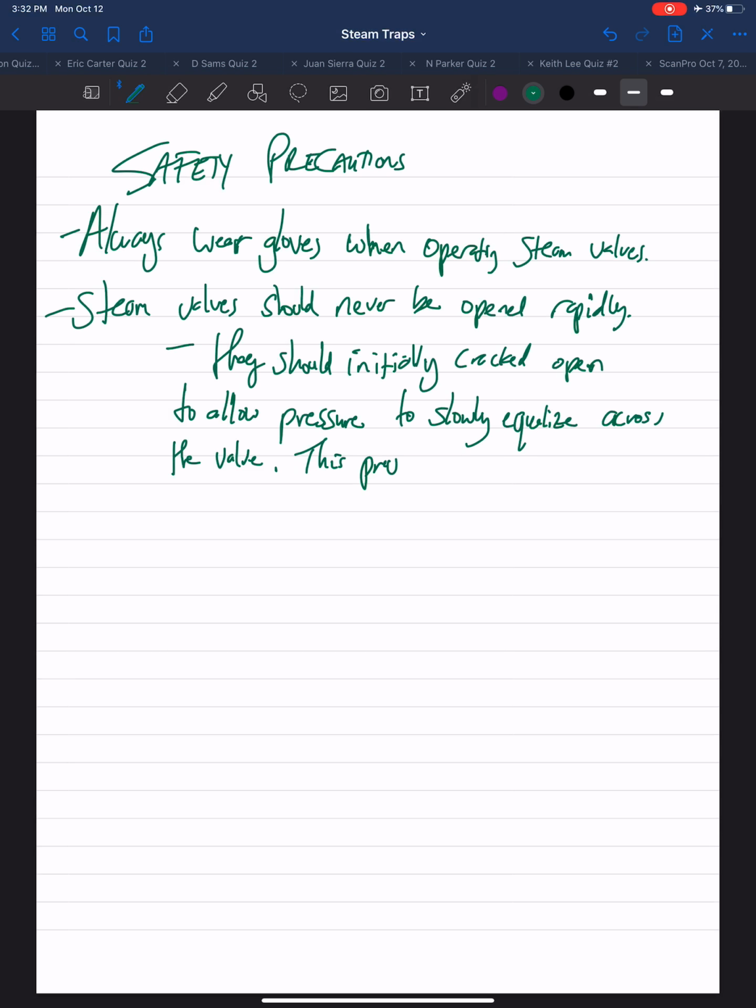This prevents unnecessary shock to the system.